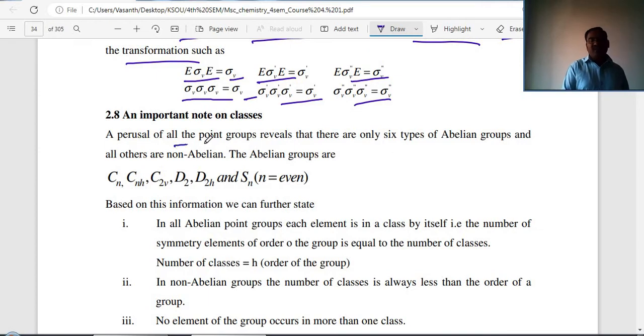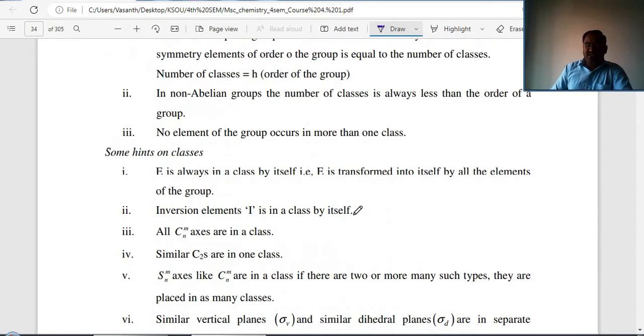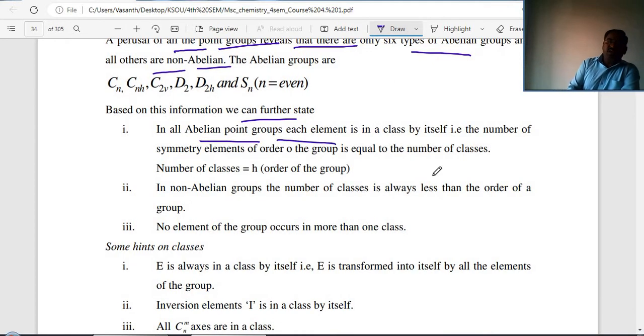What are the important notes on classes? A perusal of all the point groups reveals that there are only 6 abelian groups; all others are non-abelian. Based on this information, we can further state: in all abelian point groups, each element is in a class by itself.